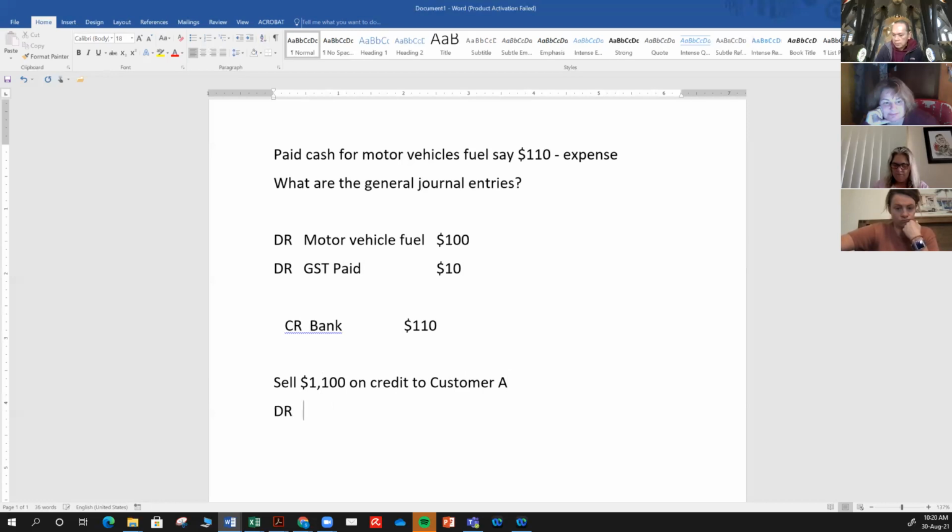Is this a service or an item? I'm assuming it's an item, on credit. No, it doesn't matter. Let's just say it's a service. What are the entries?